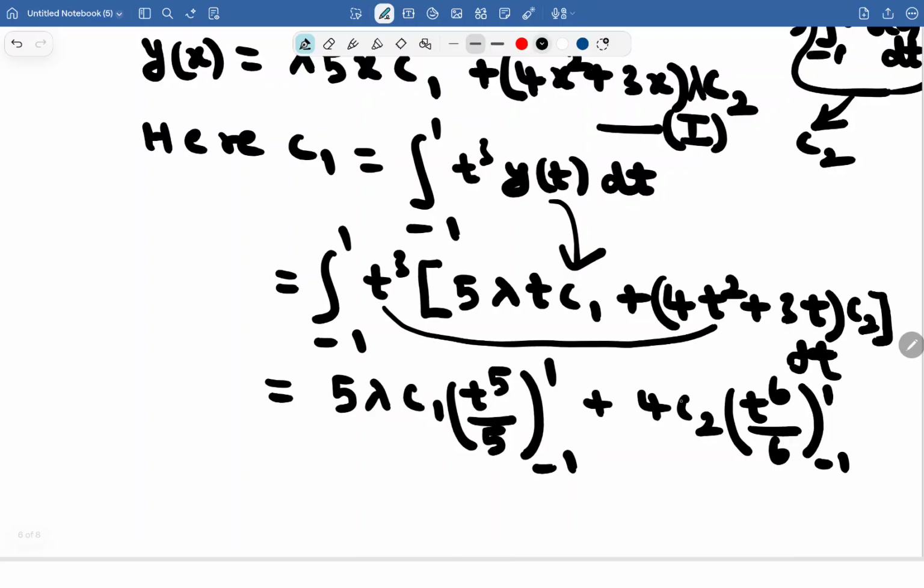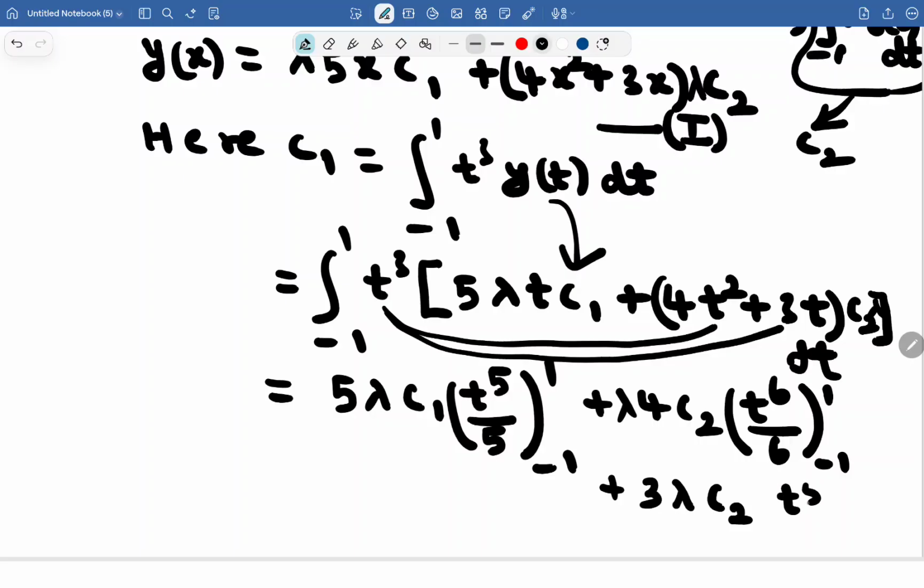Here lambda into 4C2 plus t cube into t, 3 lambda C2 t cube into t power 4. Integration of t power 4 becomes t power 5 by 5, limit minus 1 to 1.